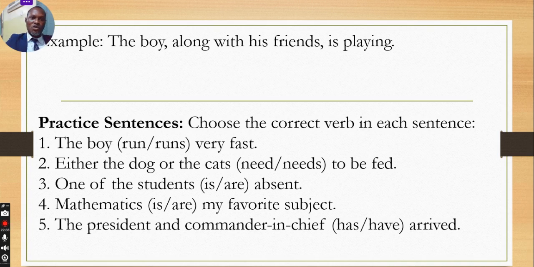So we already have a demarcation with a comma. So when you have a subject demarcated by a comma and you have an interrupting phrase, then your focus must be on that subject, which means you're going to use is as your verb and not are. Is that understood, please? All right.